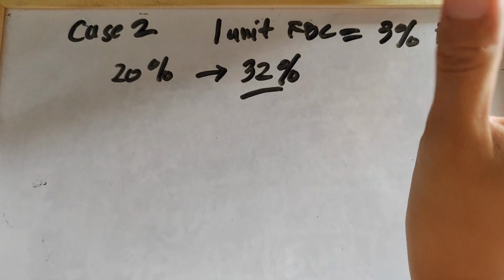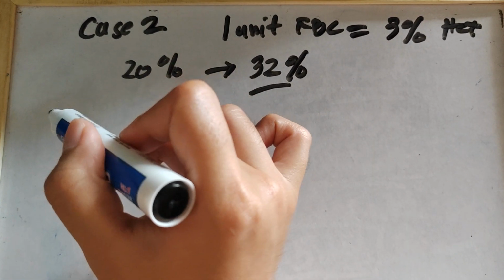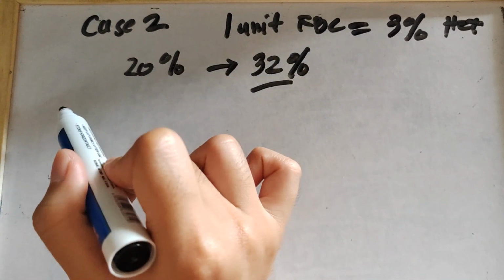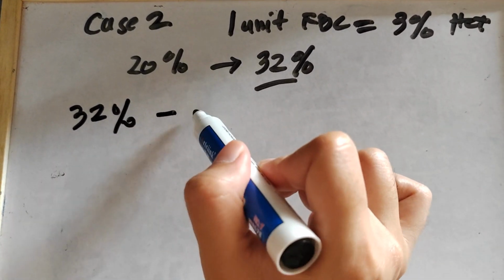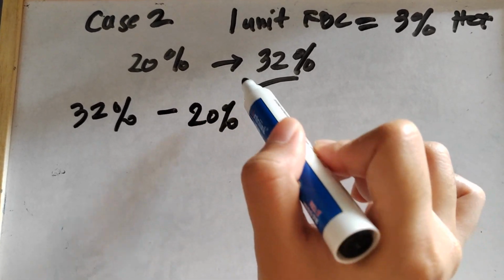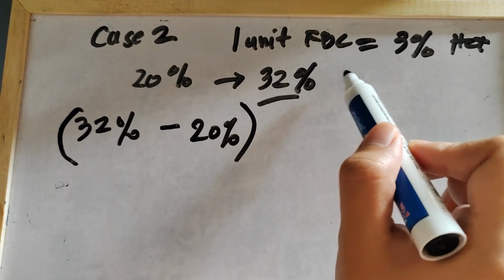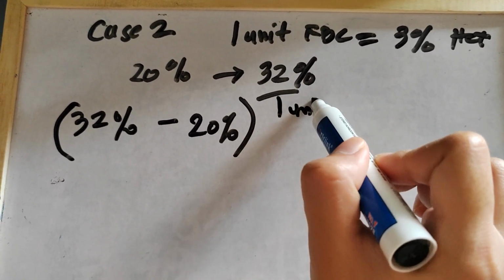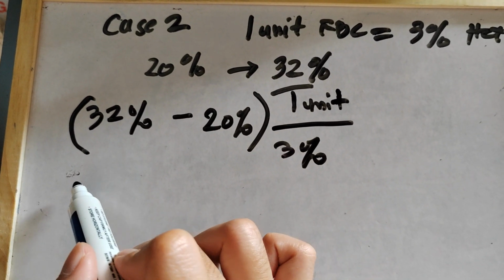We use the same formula as earlier for hemoglobin: final hematocrit level minus the initial hematocrit level times our constant, 1 unit divided by 3%.